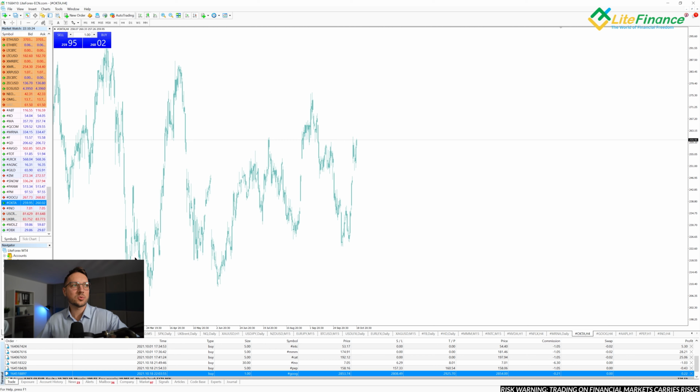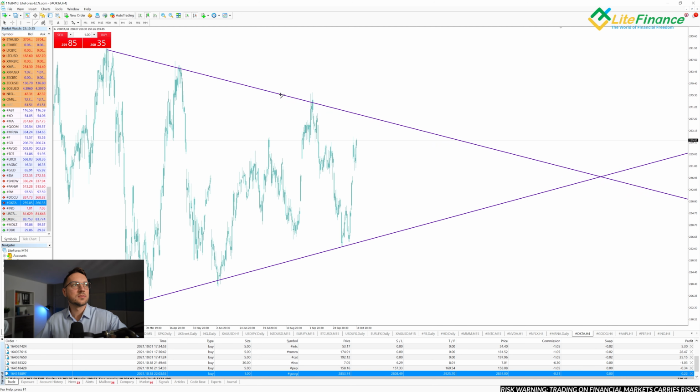There are some fluctuations to the upside, to the downside, but overall the trend is showing that the price range is getting tighter and tighter. As you can see, we are creating some kind of a triangle from which we will have to break out in either direction. So that is the bigger picture.